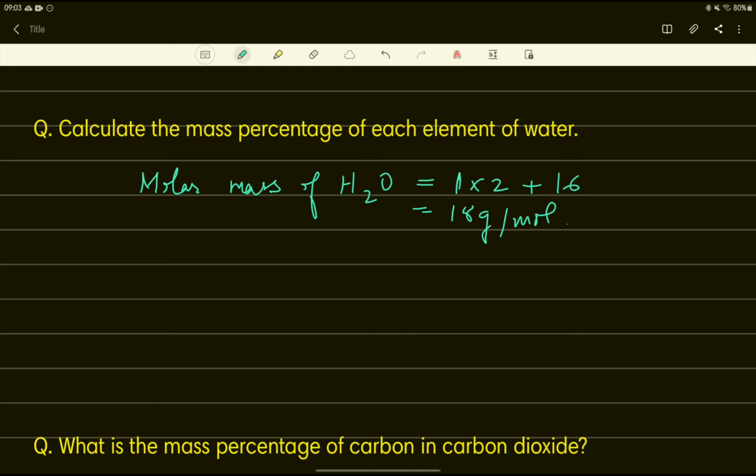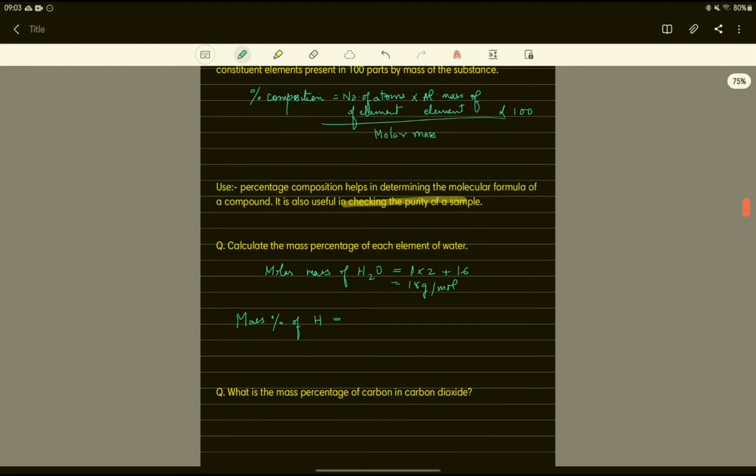First let's see the mass percentage of hydrogen. To calculate the mass percentage of hydrogen, we use this formula; mass percentage is nothing but percentage composition. So number of atoms of the element, how many atoms of hydrogen are there in water?